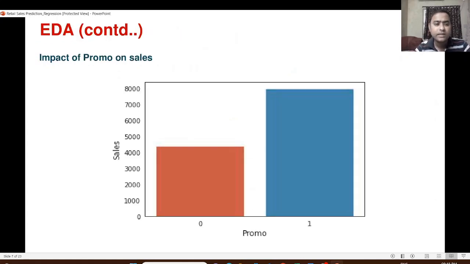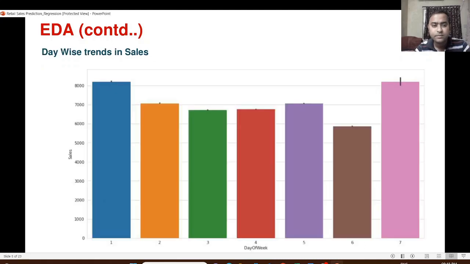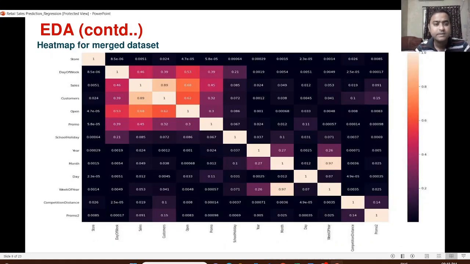Here we can see the impact of promo on sales. Now in that chart, day-wise trends in sales. Next in EDA, the heat map for the dataset.